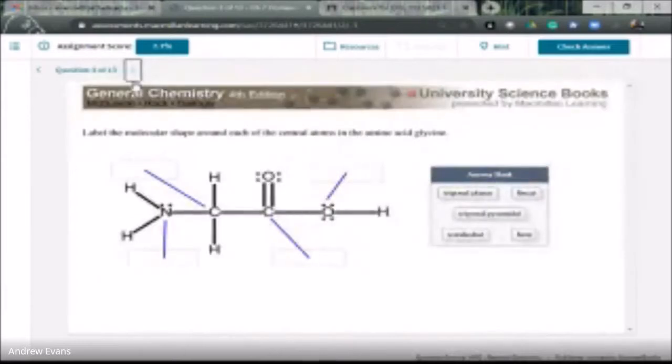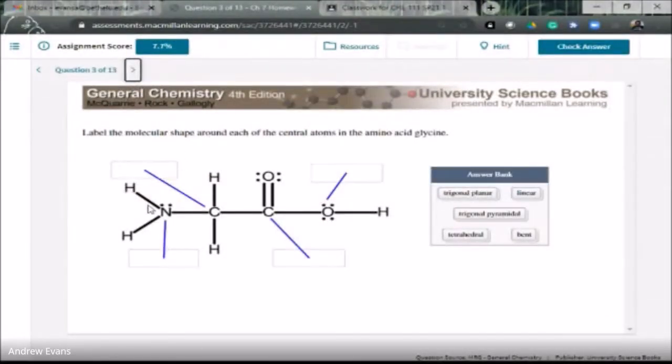Skipping around. Finding the molecular geometry of individual atoms. Just looking at, say, this nitrogen, you have 1, 2, 3, 4 electron domains, 1 lone pair. So it would be a trigonal pyramidal atom. There are 1, 2, 3, 4 electron domains on the carbon, so it would be a tetrahedral atom, and so on.